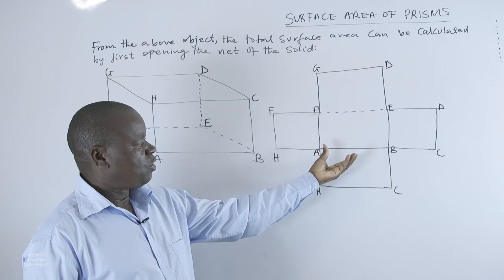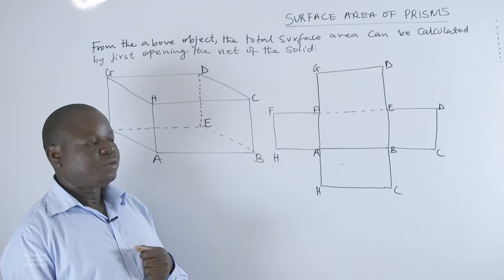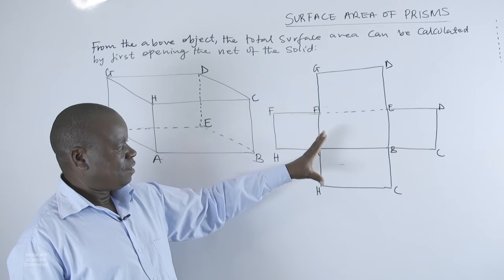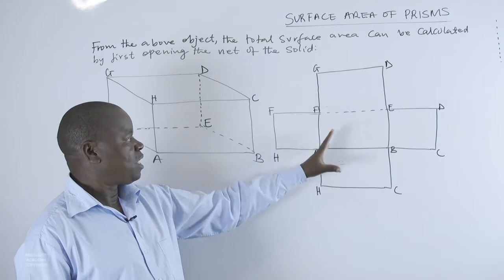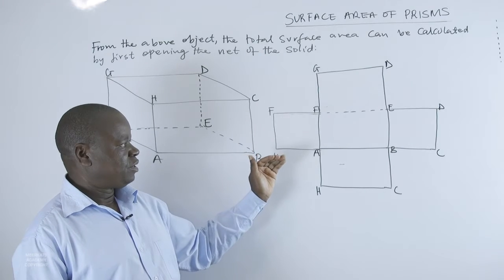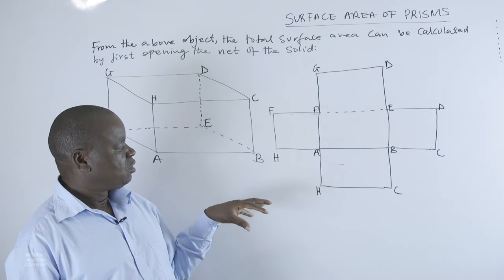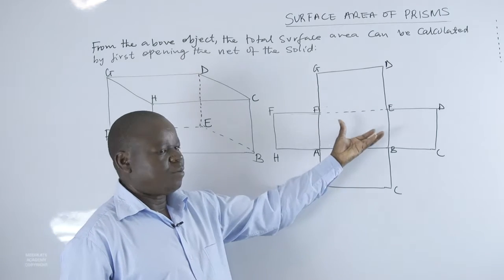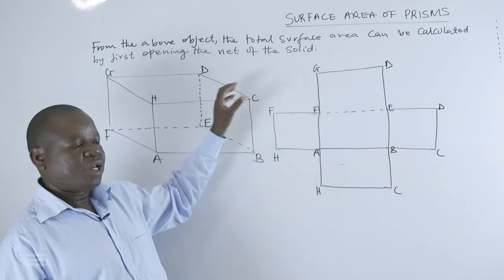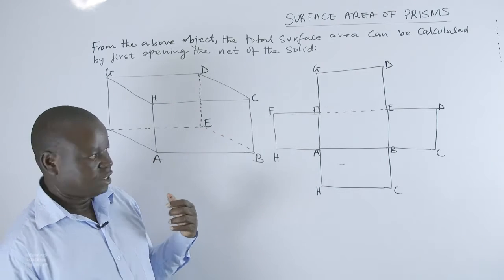You can see that we have opened the net for this particular solid object. Now, if you look at the planes that have made the object, they are just basically rectangles. So we use the formula for finding the area of each particular rectangle, and we sum. We add all the areas, and the sum of all the areas will be the surface area of the solid object. So let's proceed and see.